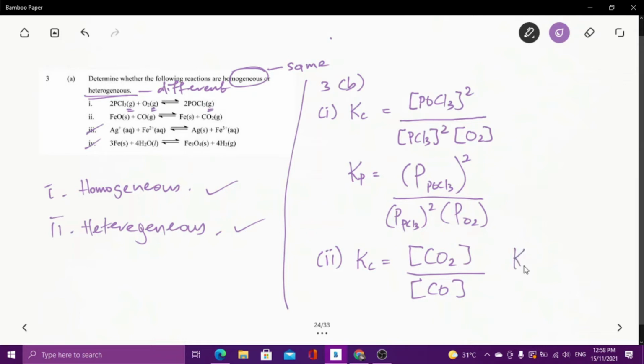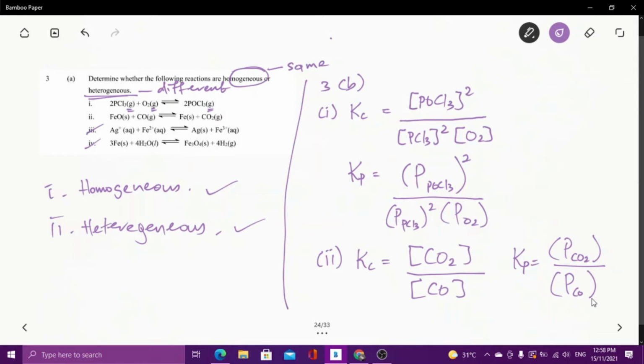And then Kp dia juga kita just buat sama sahaja. So we got the partial pressure of CO2 to the power of 1 over the partial pressure of CO, and that's it. Okay, so anda boleh cuba untuk jawab soalan 3 Roman dan juga 4 Roman, dapatkan dia punya expression of Kc dan juga Kp menggunakan konsep yang sama juga.